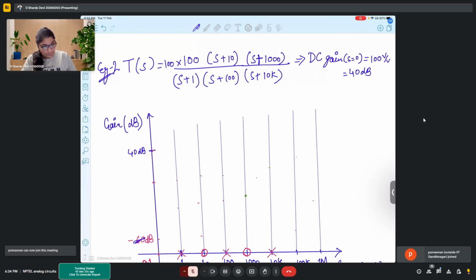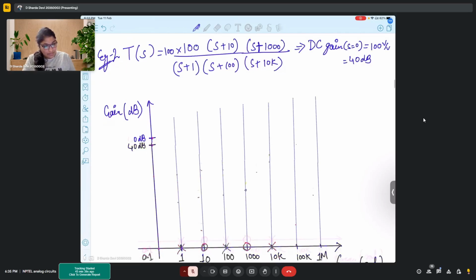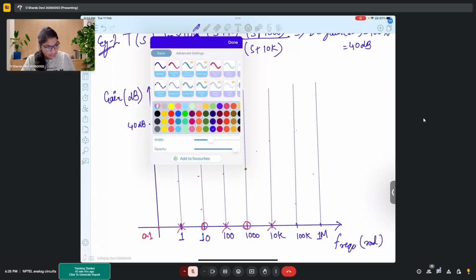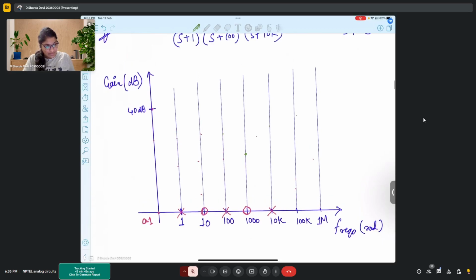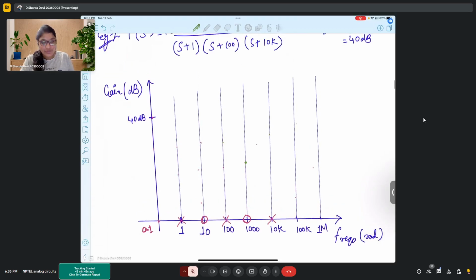So again, we'll follow the same procedure. Let me change the color. Okay. So here, since 40 dB is your DC gain, you will start your curve and you encounter your first pole at 1.